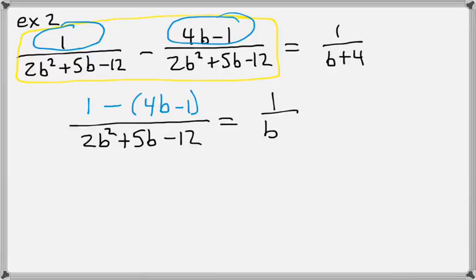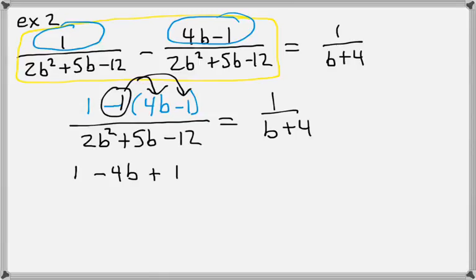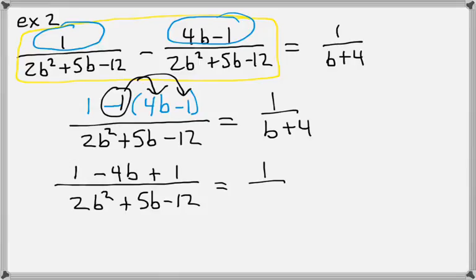Is equal to 1 over b plus 4. So let's go ahead and distribute that negative. That is essentially a negative 1. So we're now looking at 1 minus 4b plus 1 all over our 2b squared plus 5b minus 12 is equal to 1 over b plus 4. Now again, we can combine like terms.